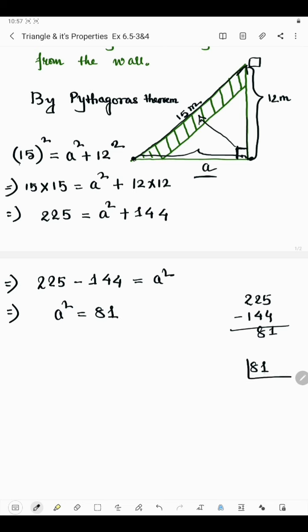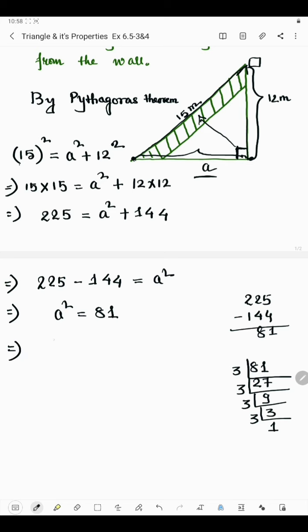Now as 1 is at the 1's place, it won't be divisible by 2, and the sum of the digits is 9. So 9 comes in 3 tables, so it will go by 3. So 3 2s are 6, 3 7s are 21. Now 3 9s are 27, 3 3s are 9, and 3 1s are 3.